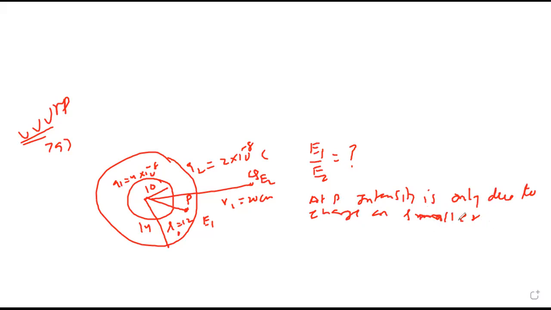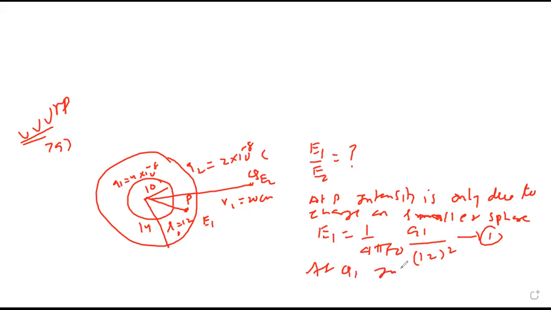Only in the case of a non-conducting solid sphere there is intensity. So I can say E1 is 1 upon 4 pi epsilon naught Q1 into 12 square. And at Q, intensity is due to both charges because for both it is outside.